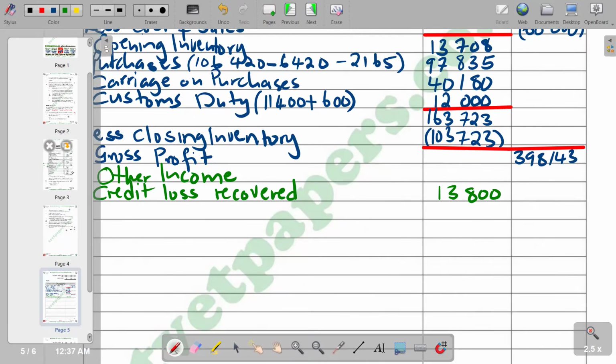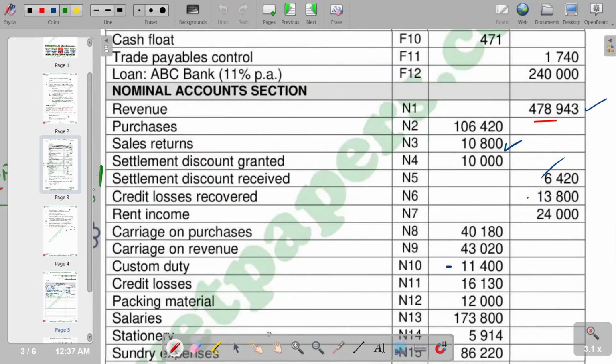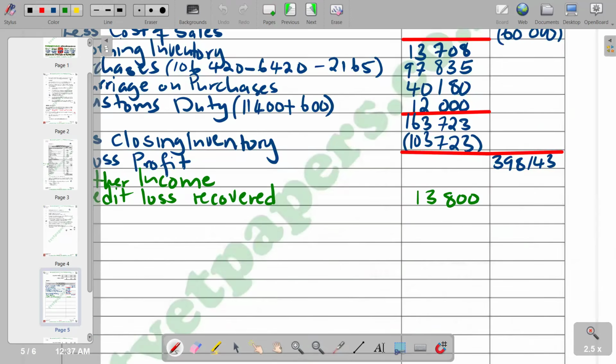Then further on, we check what other income do we have. We have rent income, 24,000. So we come, we put our rent income.